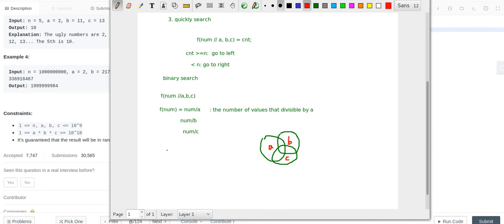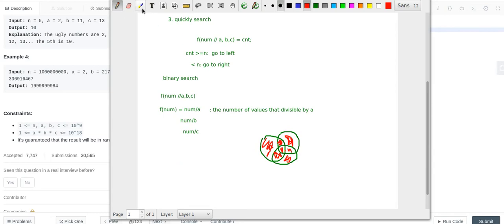If we want the numbers divisible by a or b or c, we have to find all the numbers over here, over here, and over here, plus the common areas here.